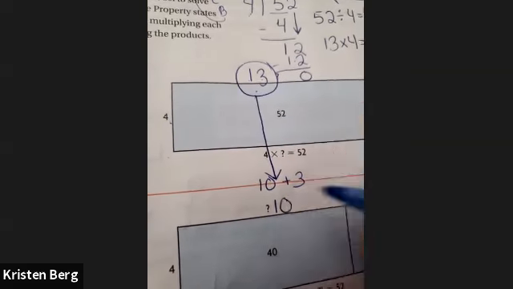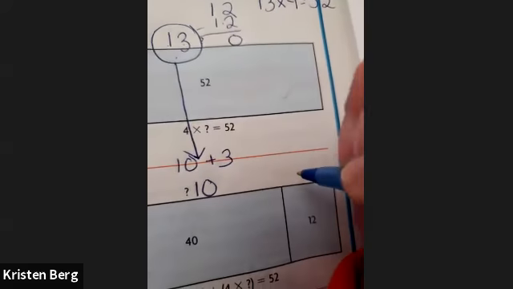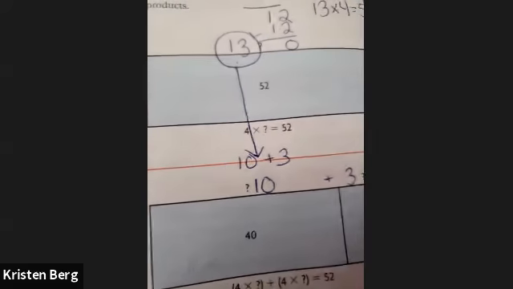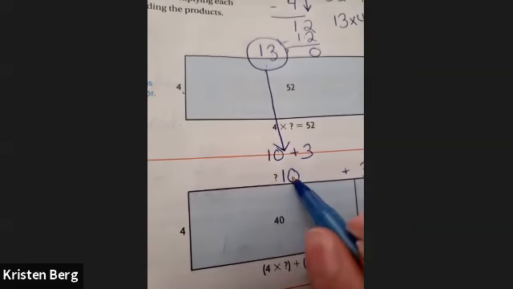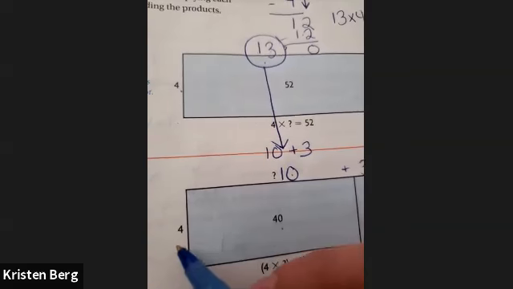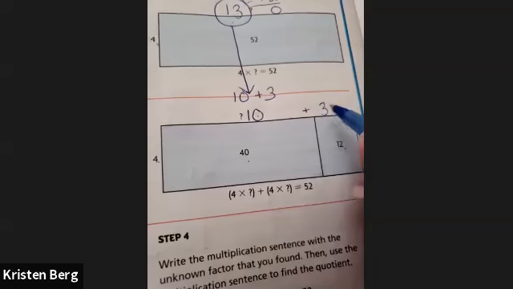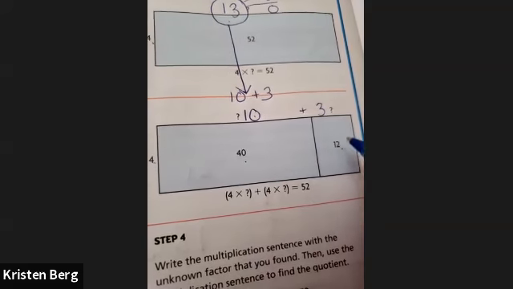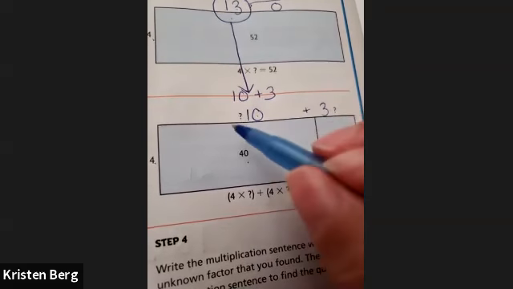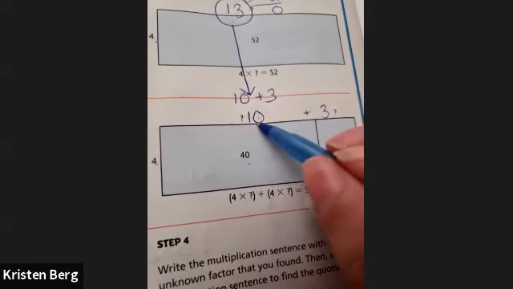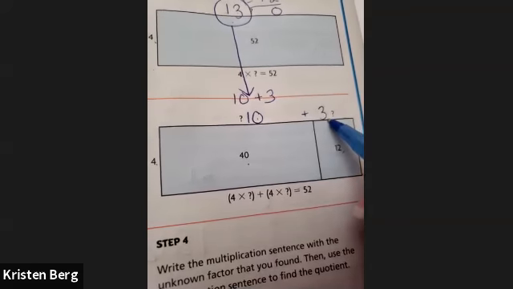So if you did that here, that would have been a 10, and then this one would have been a 3. So then they're saying if you could have done it this way, 4 times 10 equals your 40. And 4 times what equals your 12? Well, 4 times 3 equals 12. So therefore, the missing numbers here would have been 10 and 3.